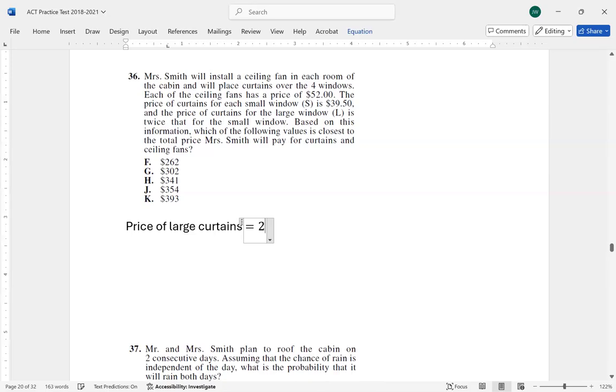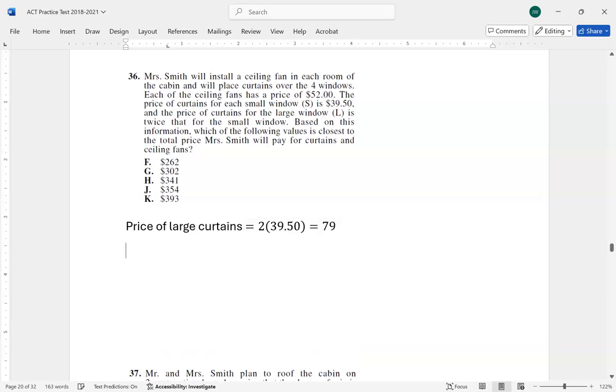So it's going to be twice the $39.50, which is equal to $79. So price of a set of large curtains is $79. Price of a set of small is $39.50. And the price of each ceiling fan is $52.